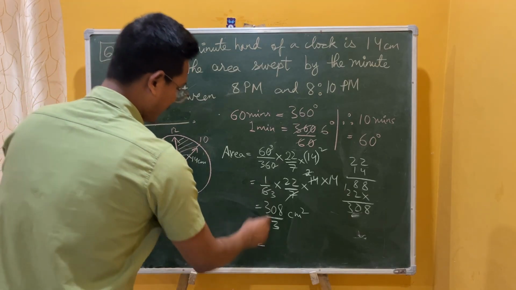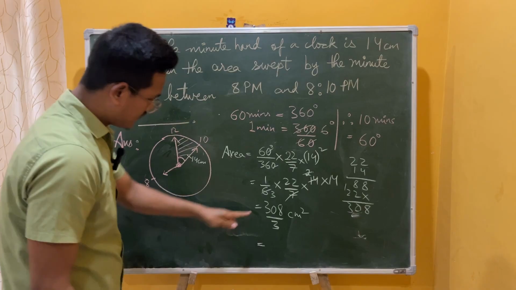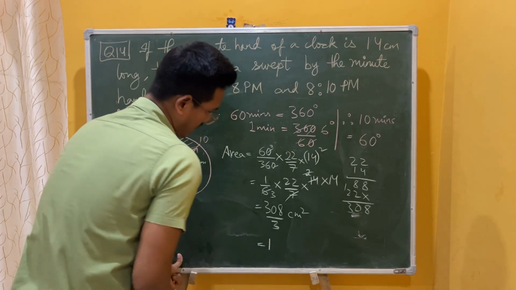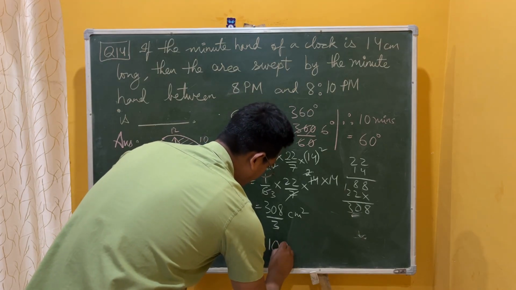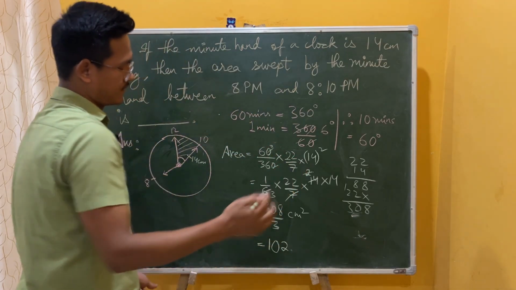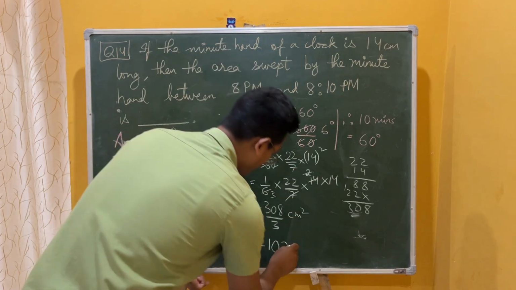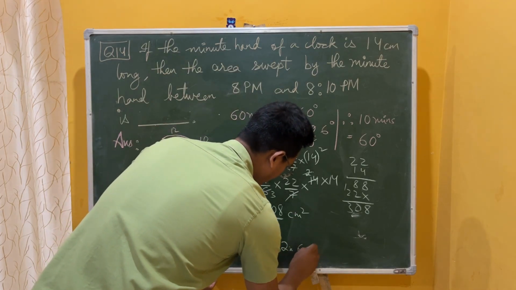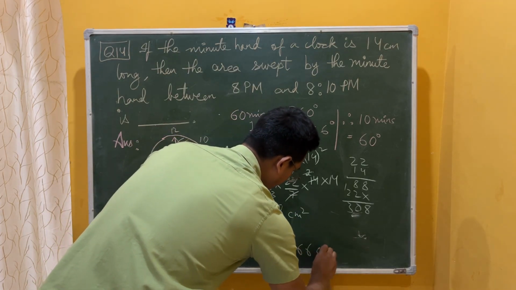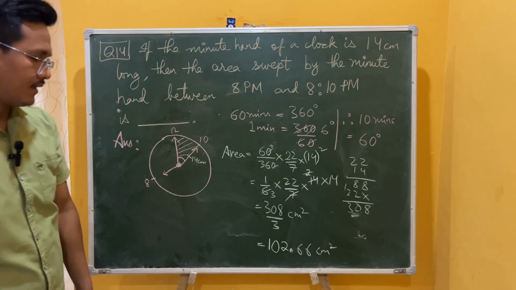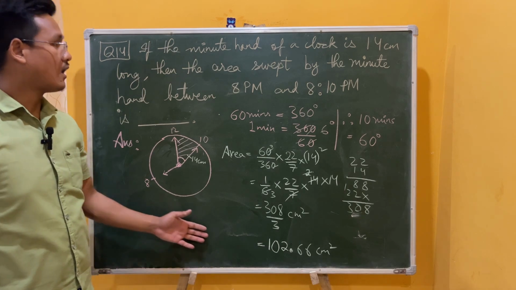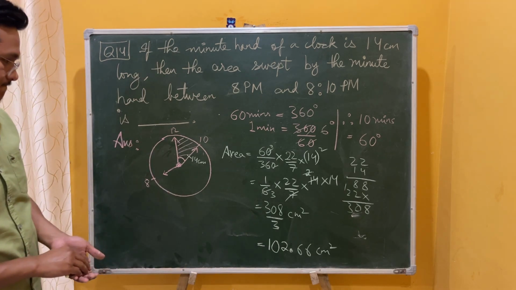So let's round it off in the decimal numbers. 3 ones are 3, 3 threes are 9, and it goes on, right? So approximately it's 102.66 centimeters square. So this is how we solve the question.